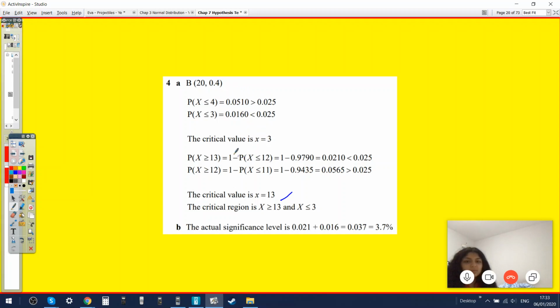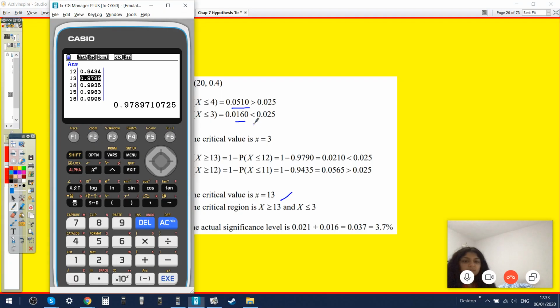Did they do that silliness again? Let's see. 4 is this one. I thought you were meant to do the first one that goes over 0.025. You absolutely are. Let me just see this.